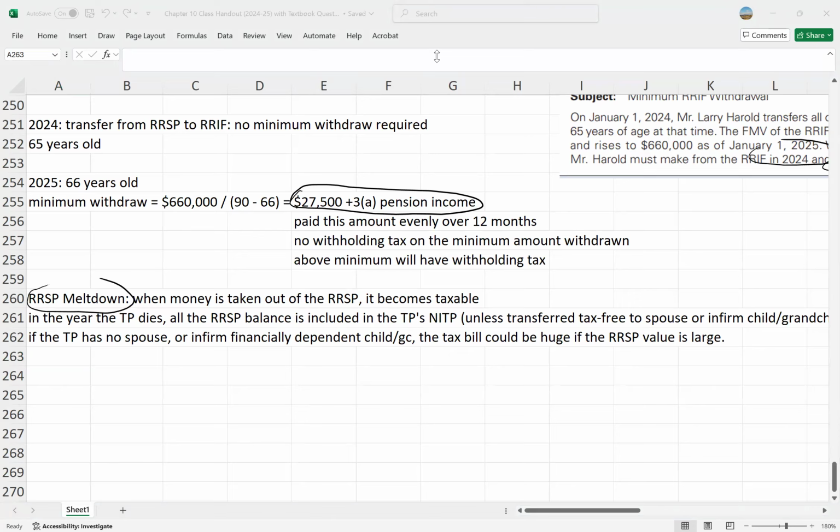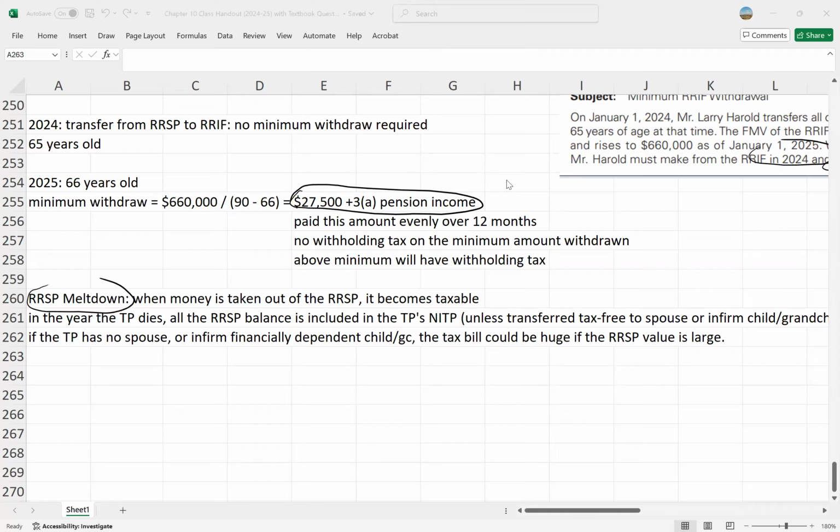But that's an important concept. If you are a financial planner helping your clients manage their RRSPs, then they need to be aware that when they get close to retirement age, or if they have no spouse or no financially dependent infirm children where it can be transferred tax-free, then they have to start melting down their RRSP and bringing some in every year, especially in years that they have no or little income.